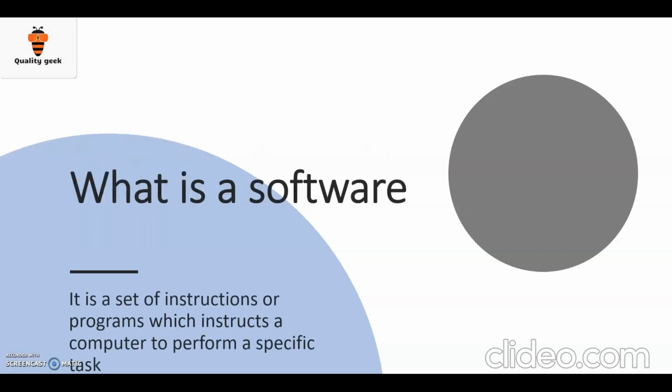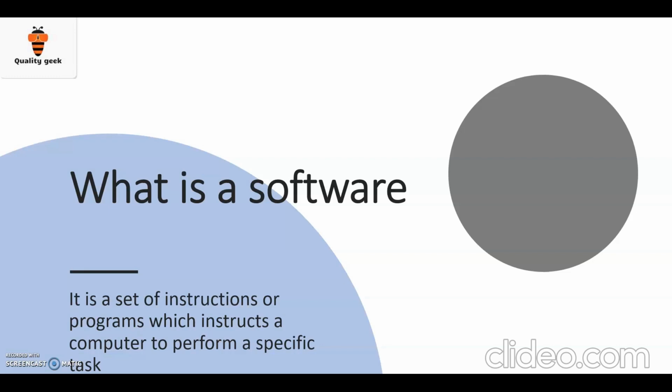To understand what is software testing, we need to first understand what is a software. A software is a set of instructions or program which instructs a computer to perform a specific task. Say for example, take the example of a banking application. A banking application helps the customers to do banking transactions online.